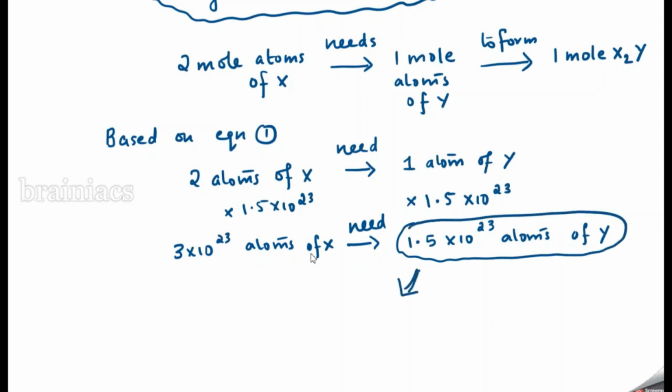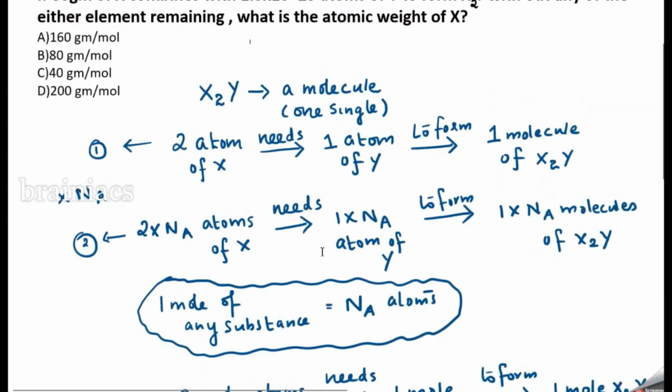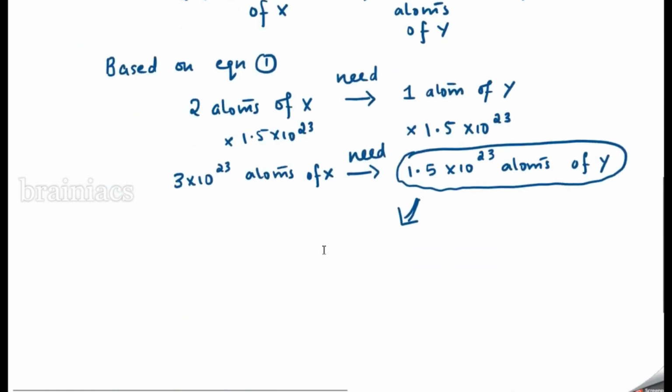So they have told in the question, this many atoms of Y has completely reacted with 80 gram of X, correct? So that means we have X in two different ways. We know that 1.5 into 10 power 23 atoms of Y always need 3 into 10 power 23 atoms of X. And in the question they have mentioned 1.5 into 10 power 23 atoms of Y completely reacted with 80 gram of X. What is the meaning of that?